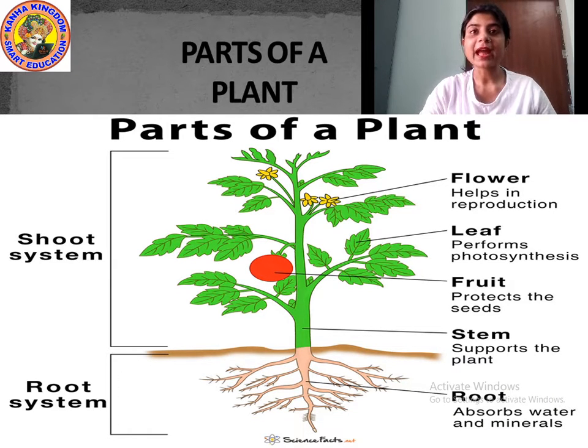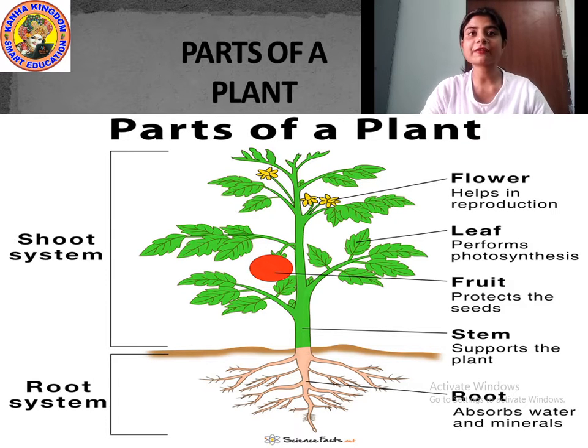Then what does a flower do? What is the function of a flower? Flower helps in reproduction. Flowers help in reproduction. That means it can reproduce a new plant. Understood?